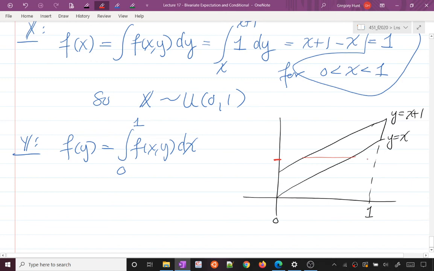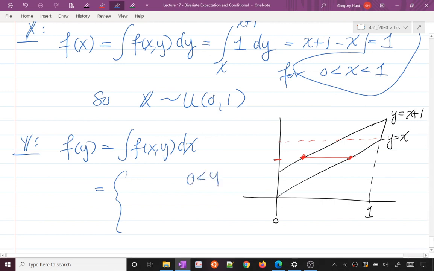And so we're going to break this into two cases, because we have to make sure our limits are correct here. There are going to be two cases.